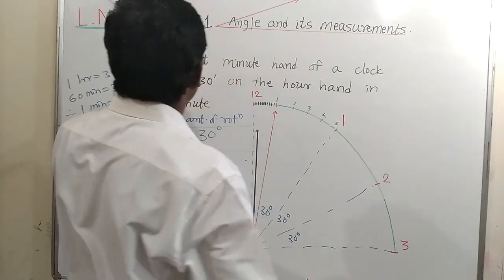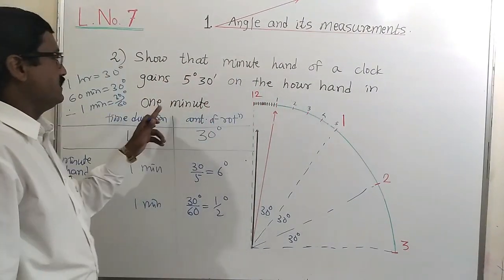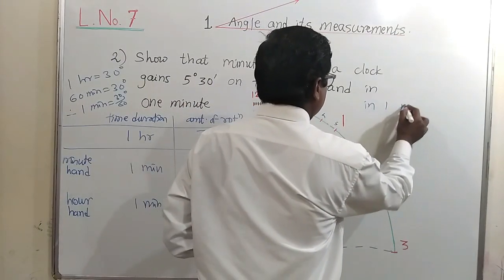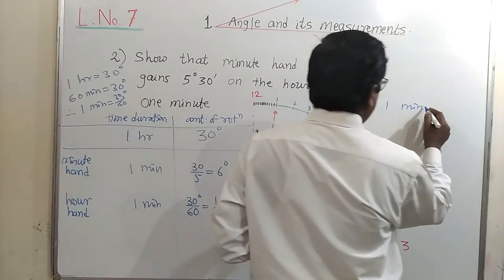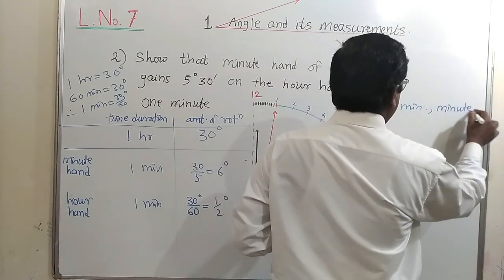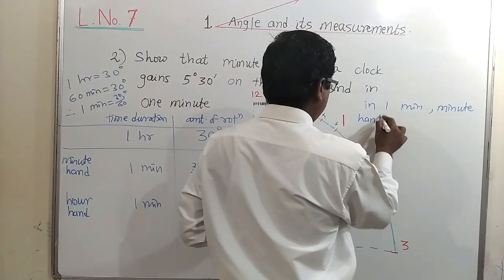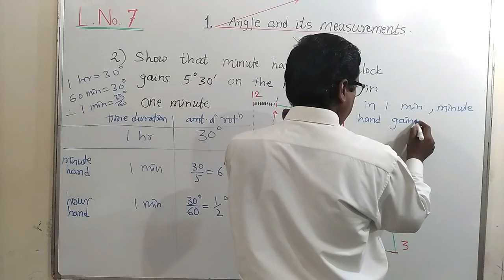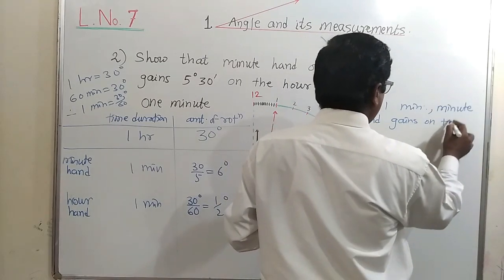the minute hand of a clock gains this much on the hour hand in 1 minute. So in 1 minute, the minute hand gains on the hour hand.